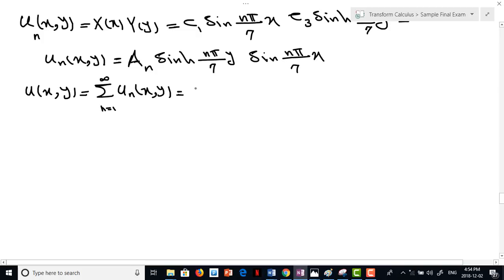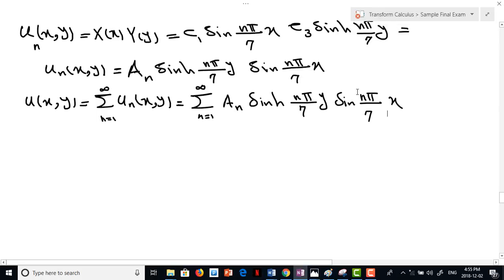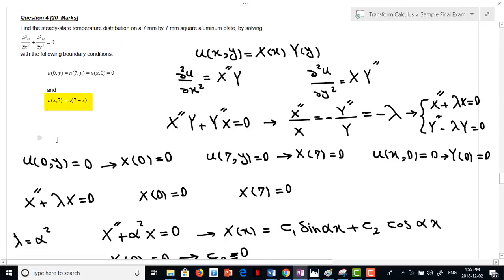So it's equal to summation of an sine hyperbolic n pi over 7 y sine n pi over 7 x.